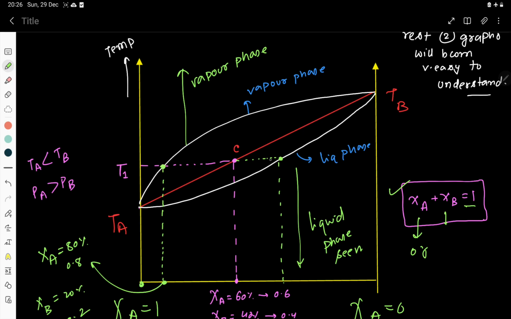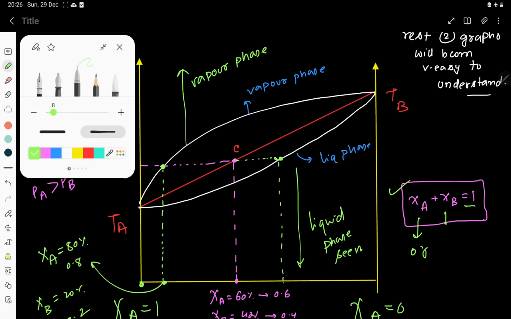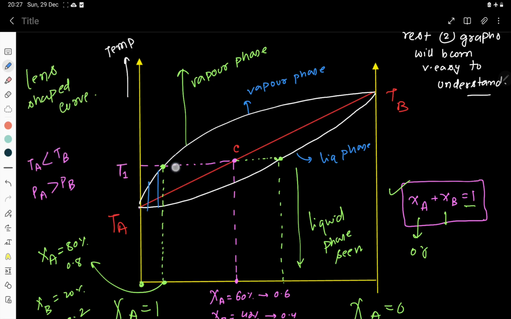Now what will be inside this curve? This curve is a lens shaped curve. Inside this lens shaped curve, both liquid and vapor phase will coexist.